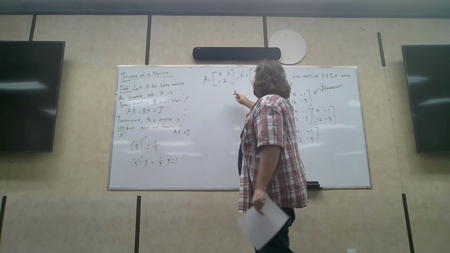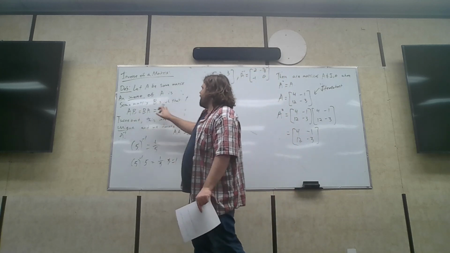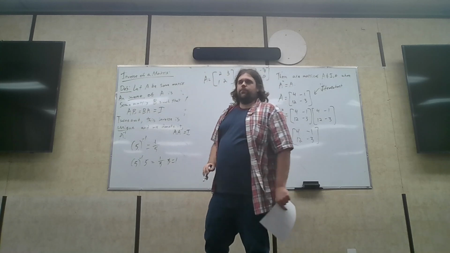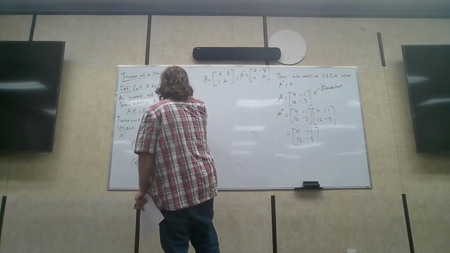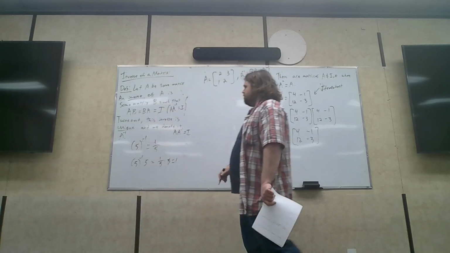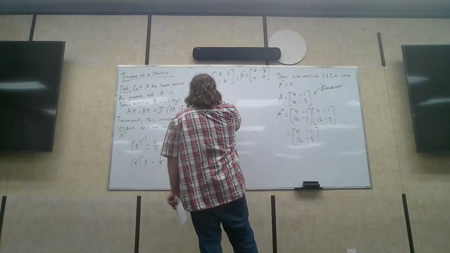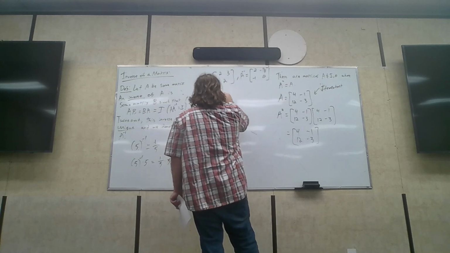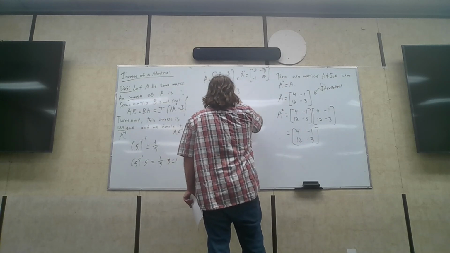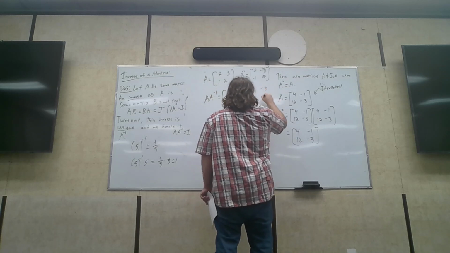So if I'm saying this thing is the inverse of this, that means when I multiply them together, I better get the identity, right? So I'm going to write A inverse here, because that's the notation we want to use. So let's see what happens. We multiply these two matrices together. 2, 3, 1, 2 times 2, minus 3, minus 1, 2.